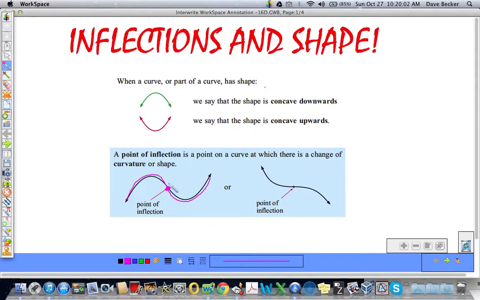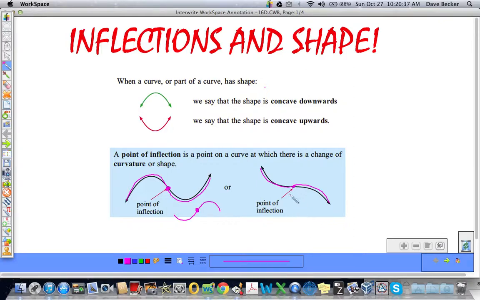Instead of going from concave down to concave up, we could have a curve that goes from concave up to concave down. And that too changes at a particular point called the point of inflection. Here we have another curve that is concave up, hits the point of inflection, and changes to concave down. The only difference is this curve is continually decreasing, while this curve goes from increasing to decreasing.